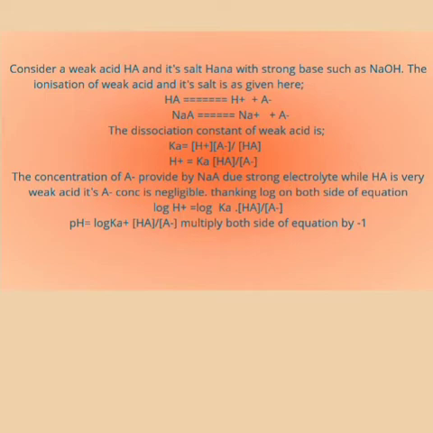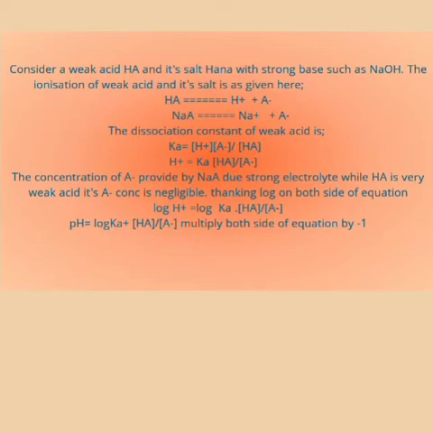If we want to determine the hydrogen ion concentration, then the hydrogen ion concentration will be equal to the dissociation constant of the acid Ka multiplied by the molar concentration of acid [HA], divided by [A-].